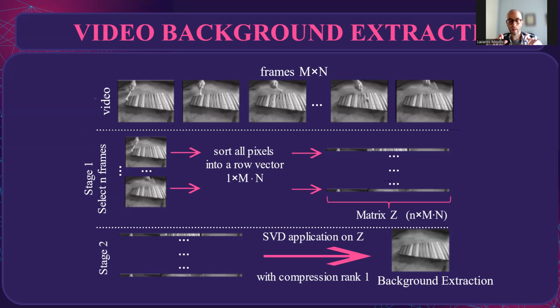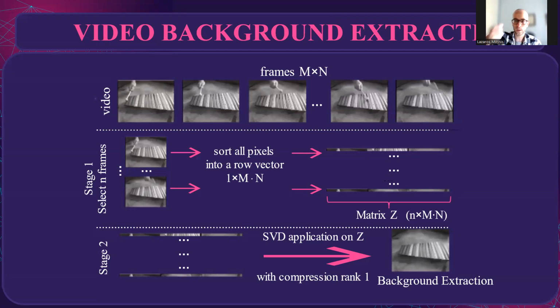If I take this very big matrix and compress it to a very high extent, I'm discarding a lot of redundant information. So the fewest information that I'm going to keep is the most basic minimum information about this video. And actually, this most basic information consists of all the information from the background frame.